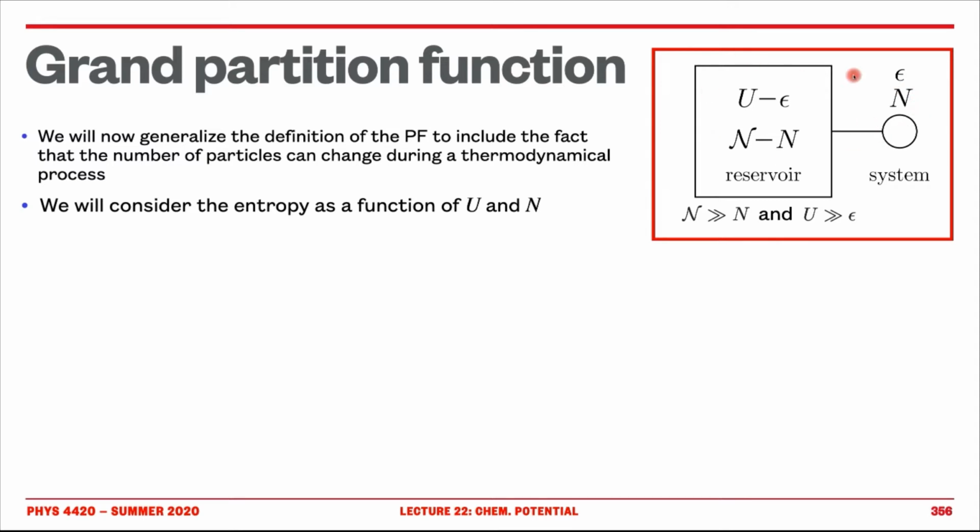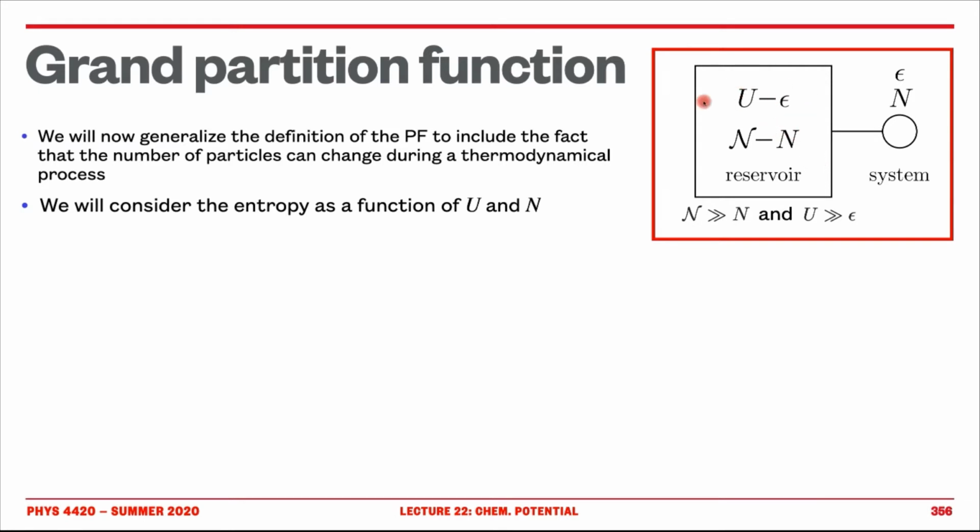And then we have a huge reservoir, as we discussed before, which has an energy U minus epsilon and a number of particles N_R minus n. Of course, this number N_R is very, very large. What it means is that it is not affected when particles move away from the reservoir, just the same way as when heat is taken away from the reservoir, the temperature does not change. That's exactly the definition of a reservoir.